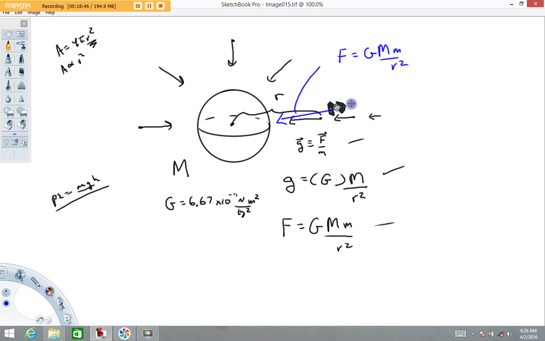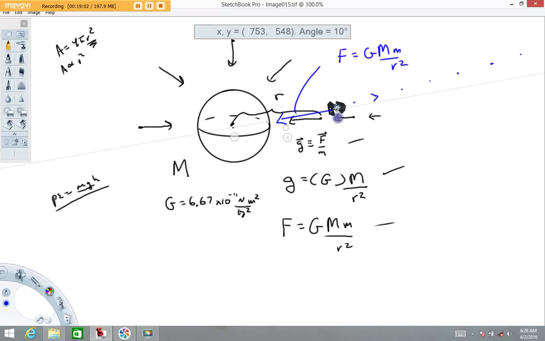Now, as the TIE fighter moves off, and it doesn't matter through what mechanism, maybe through its own power, as it leaves, imagine that TIE fighter moving in this direction. The gravitational force is falling off.